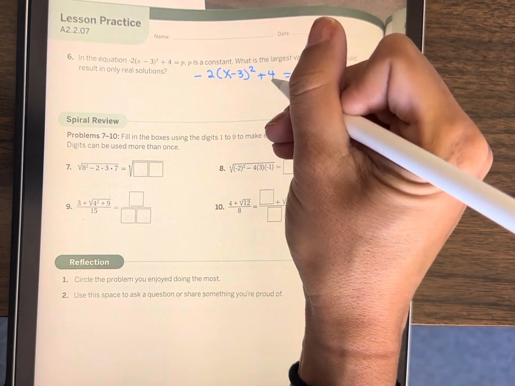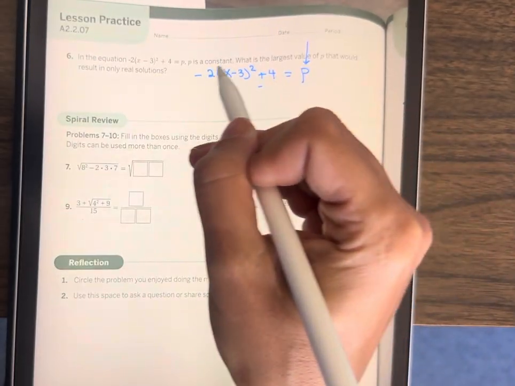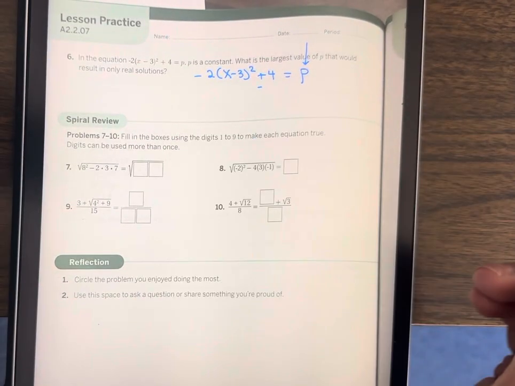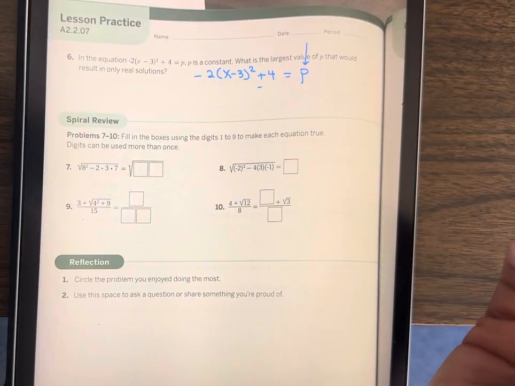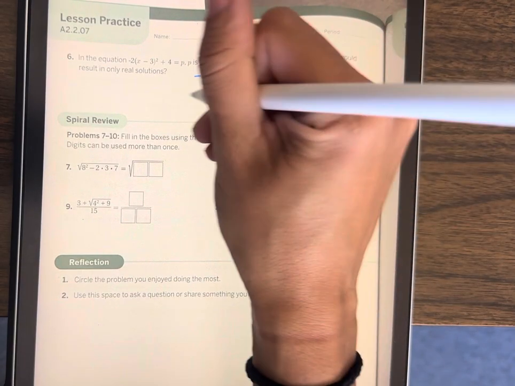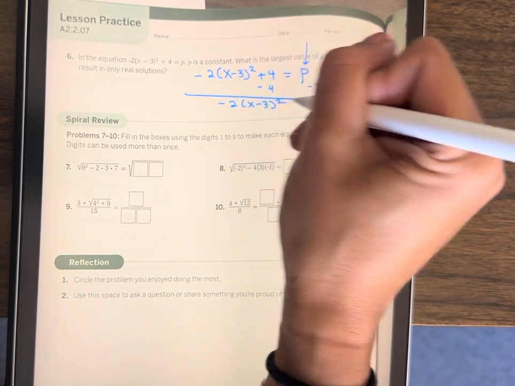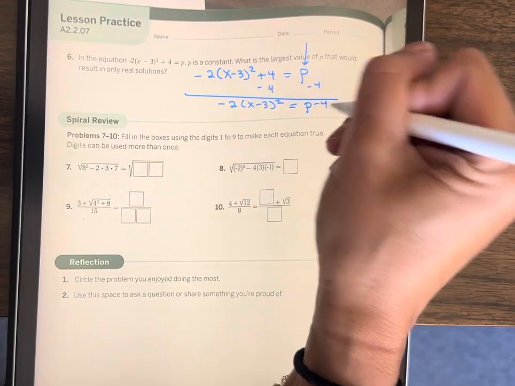So what I would do to figure out what's going on with the solutions or the roots or the zeros or the x-intercepts or whatever is solve by subtracting the 4 first. Then I get negative 2 times (x minus 3) squared equals p minus 4.